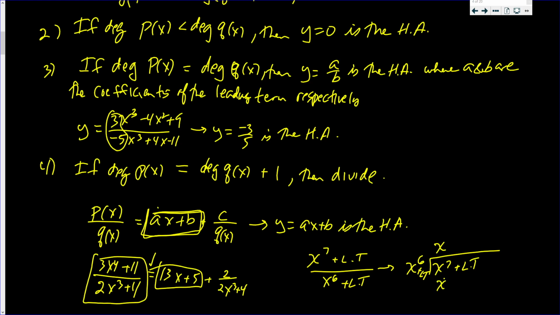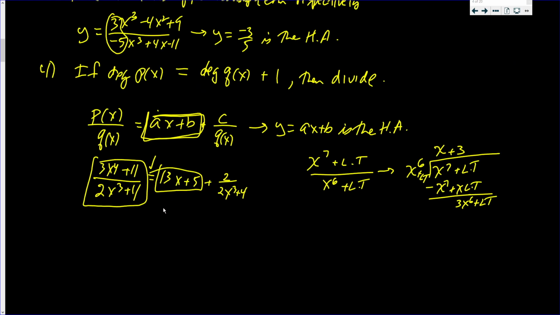So you're going to get x to the 7 plus x times lower terms. Then the most you're going to get is an x to the 6th. You might get 3x to the 6th plus lower terms, and you multiply that by 3 to kill off the 3x to the 6th.